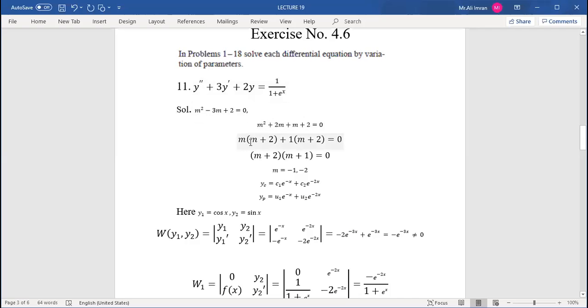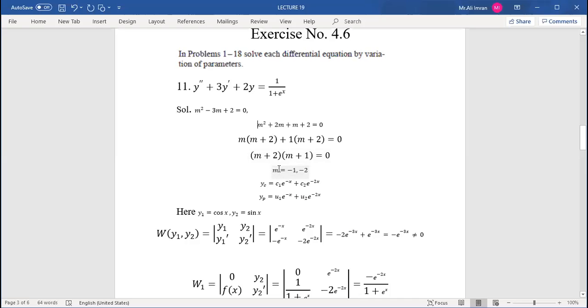Taking m common from the first two entries, it will be m into m plus 2, and taking 1 common from the third and fourth entries, plus 1 into m plus 2. So m plus 2 into m plus 1 is equal to 0, and we will get the values of m. M is equal to minus 1 and minus 2.